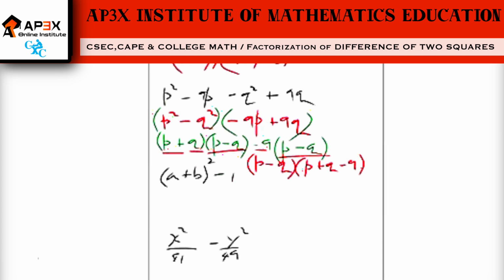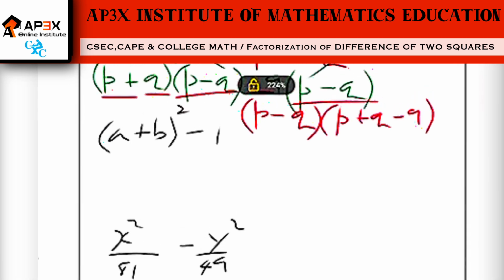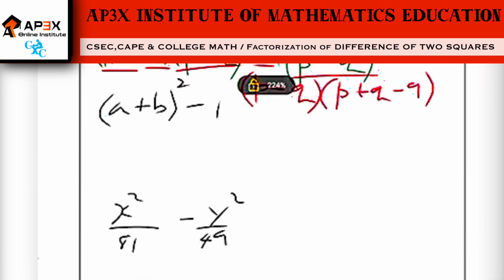So with these examples, I'm hoping that I can actually open your mind to whatever example it is that is existing out there. Now, this one is tricky, throws off a lot of students. There is literally nothing you can do here, like a plus b squared minus 1.